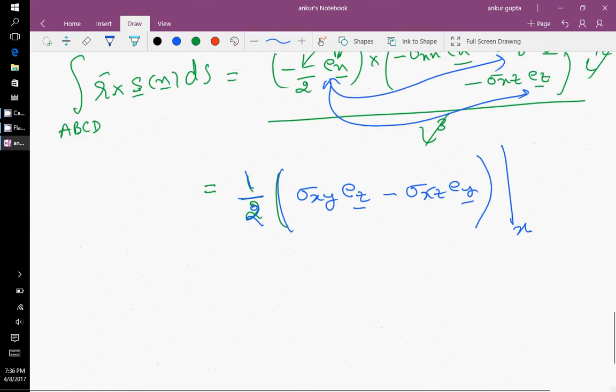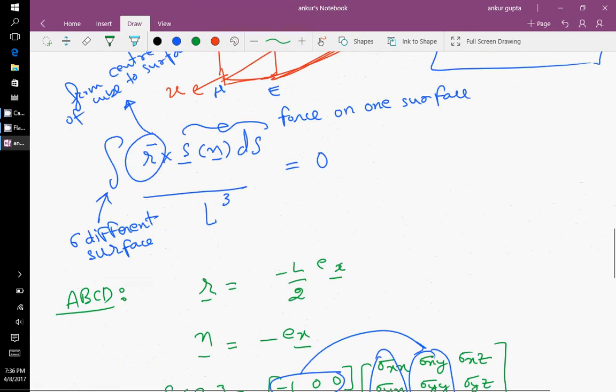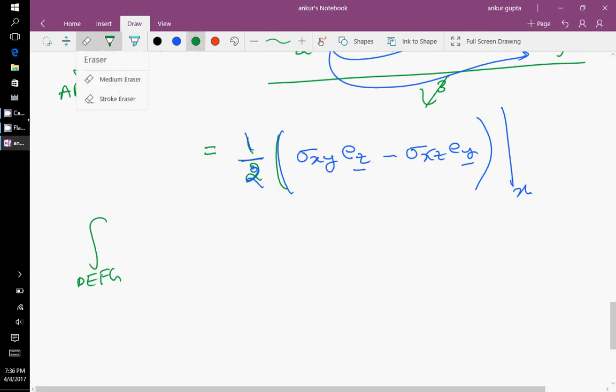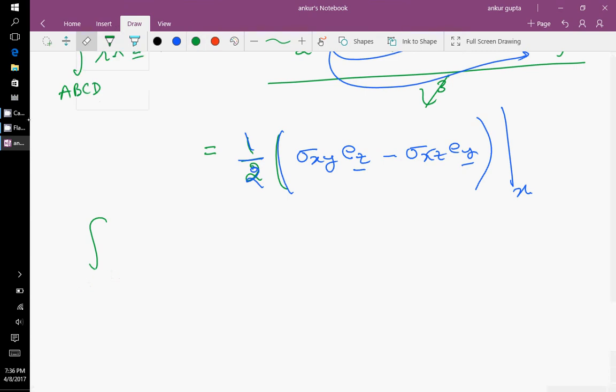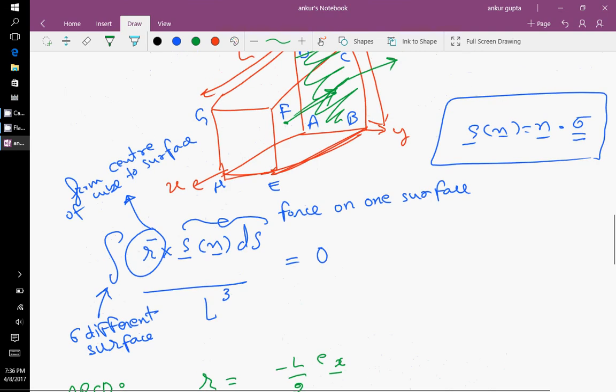Similarly, we can write the expression for the surface EFGH. For EFGH the r vector would be flipped, and so would the n vector, because r for EFGH would be plus L by 2 ex, and the normal vector pointing into the outer fluid will also be plus.